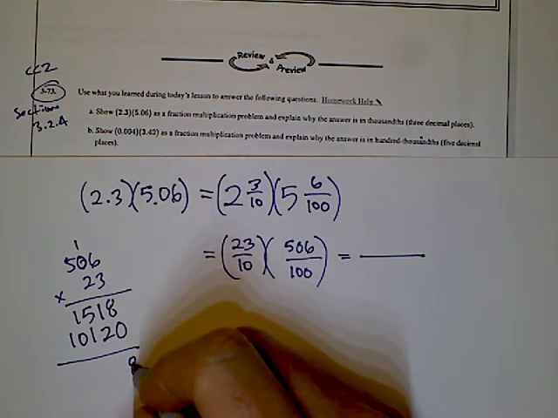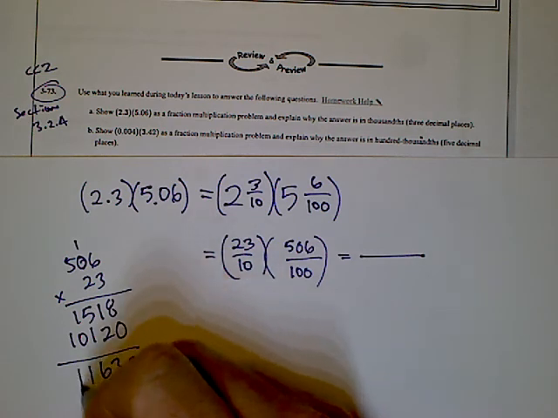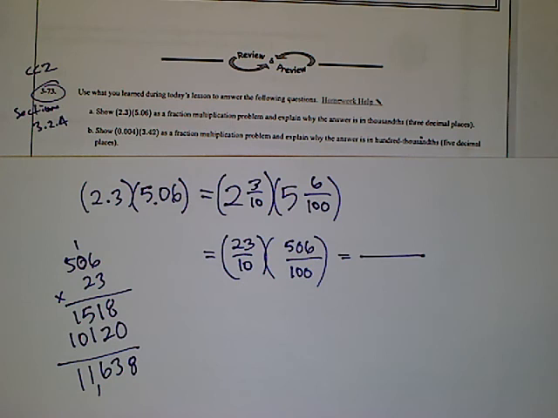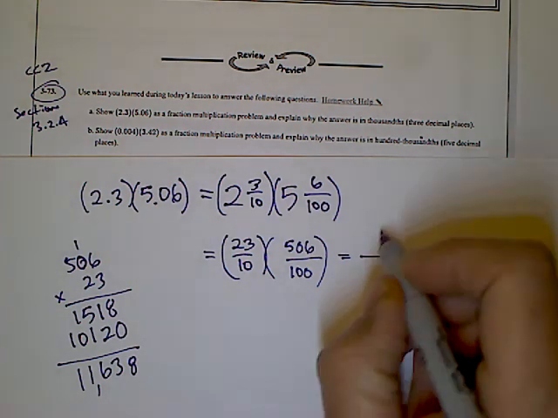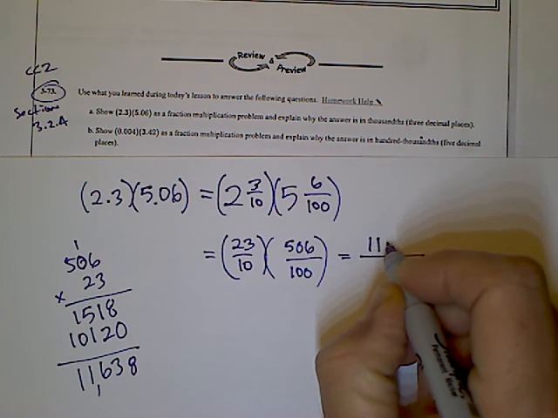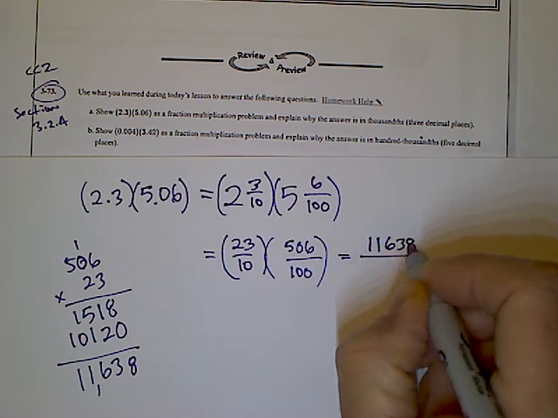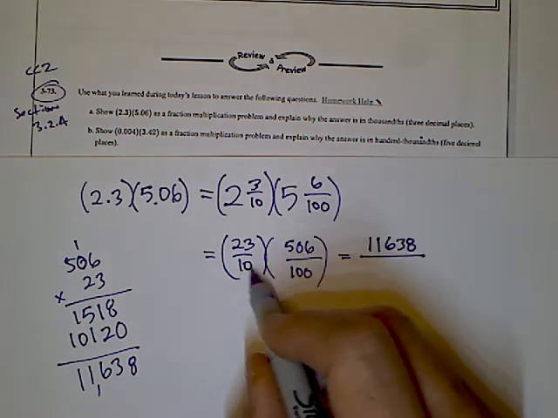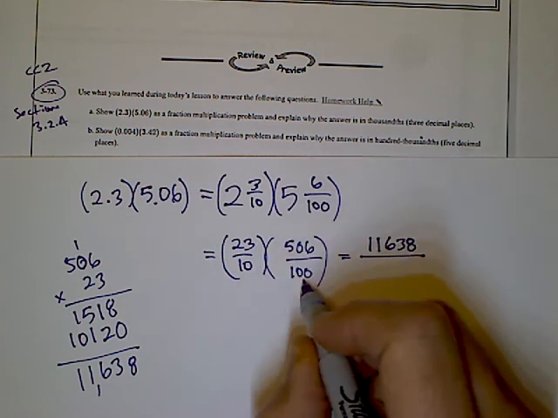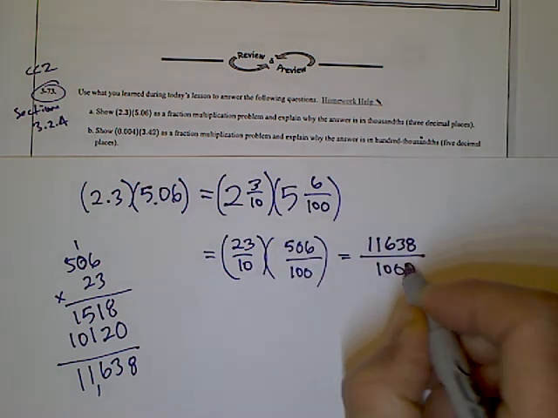When you add, you get 11,638. So 11,638 is my numerator. For my denominator, I multiply straight across, 10 times 100, which is 1,000.